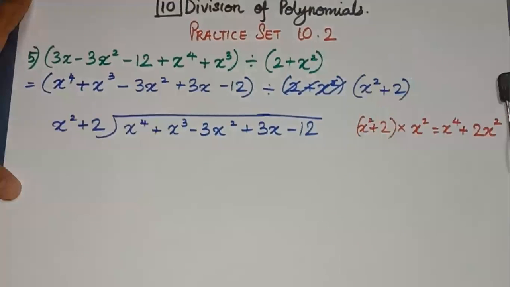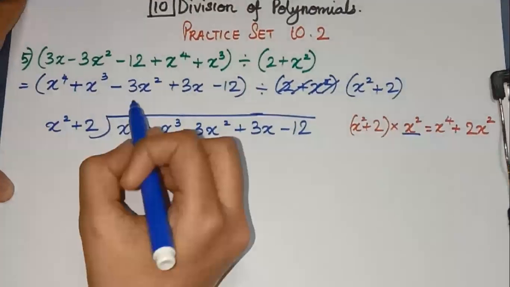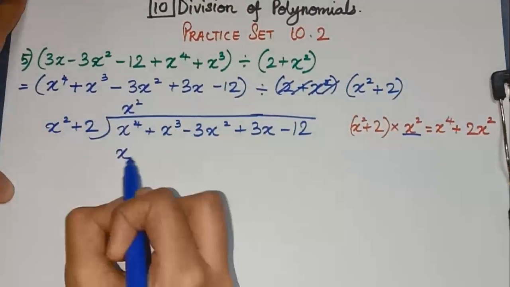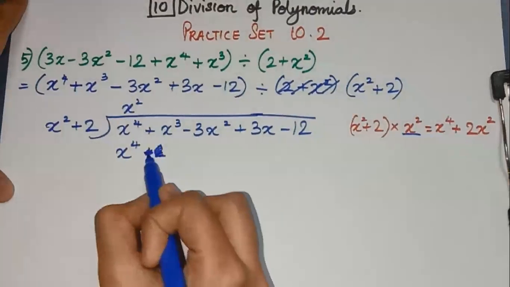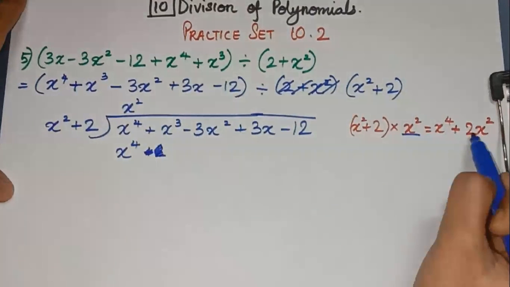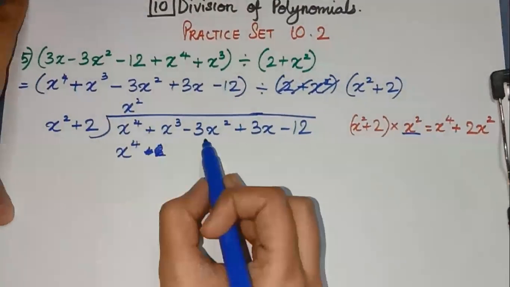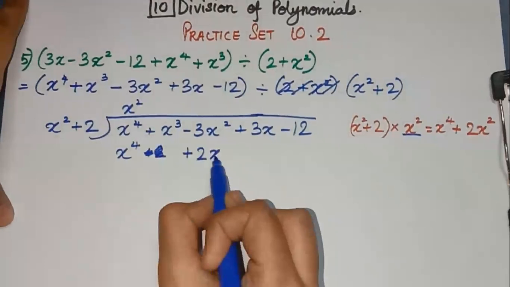Okay, so this x square will be written in the quotient, and this answer will be written over here. See the powers girls, I have the power as 2x square, so it will be written below the power x square. I have plus 2x square.